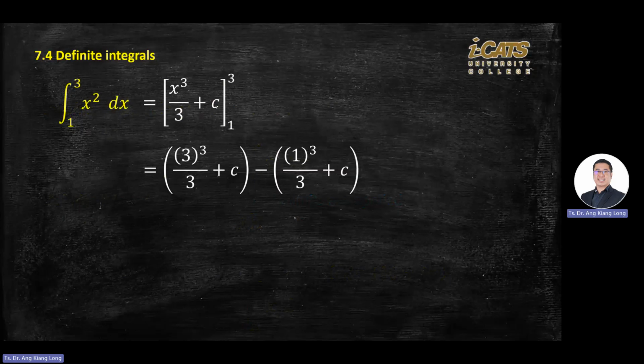So we substitute x equals 3 here, your upper limit 3. Minus means you take the top minus the lower limit. Your lower limit is 1, so substitute 1 here. Again, you don't need to write the c anymore because this is a definite integral.